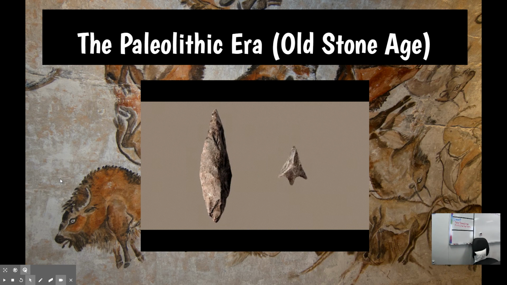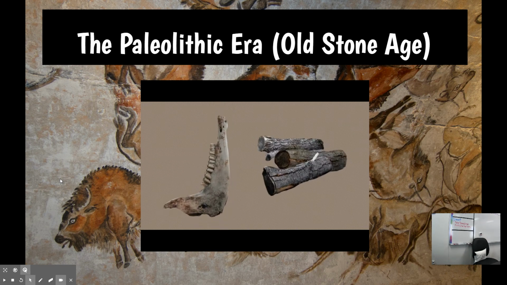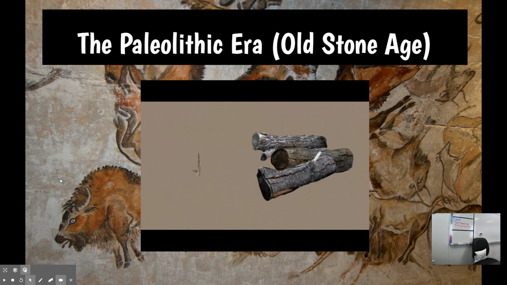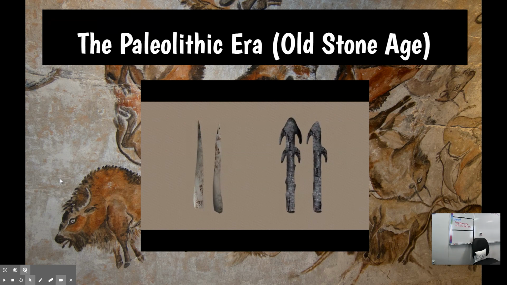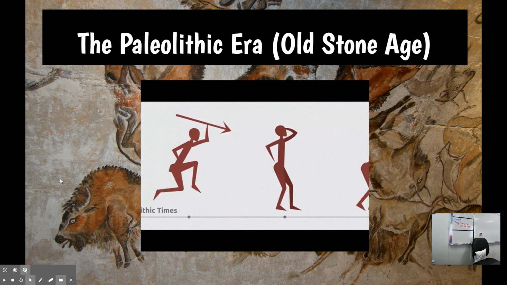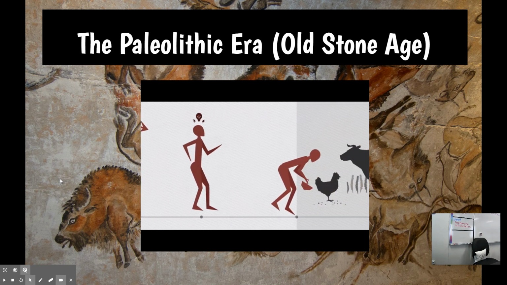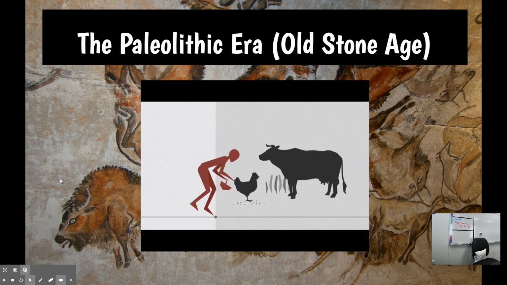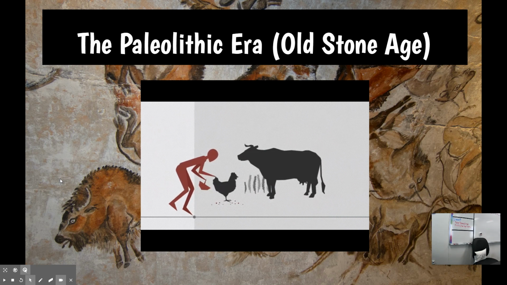As they were progressing, they started using materials like bones or wood to make needles or even harpoons. These first men continued progressing, becoming more and more intelligent and improving their lifestyle. The practice of agriculture and cattle raising marked the end of the Paleolithic times and the beginning of Neolithic times.